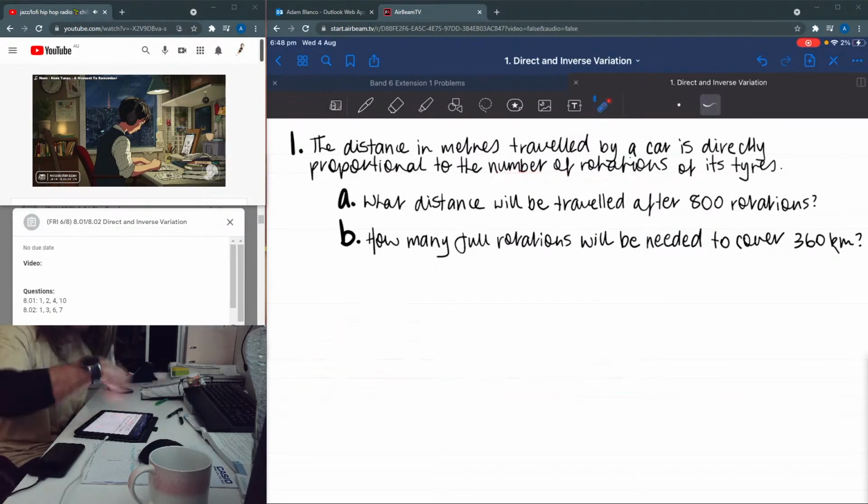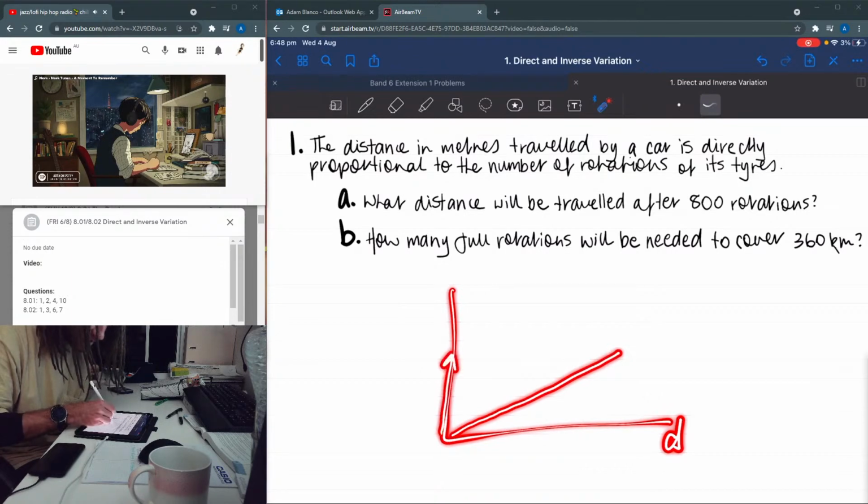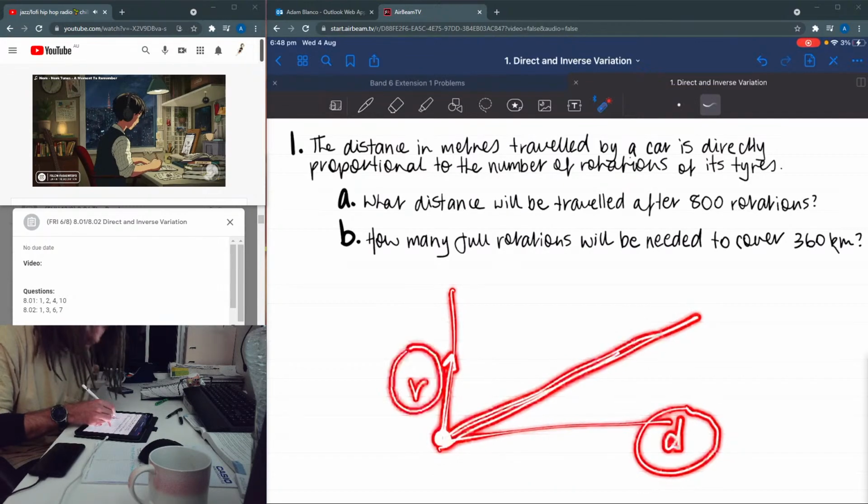That's directly proportional because as the distance I travel goes up, the number of rotations my tires do also goes up. And at (0, 0), when I haven't traveled anywhere, no distance, I'm also going to have no tire rotations. I hope that kind of makes sense.